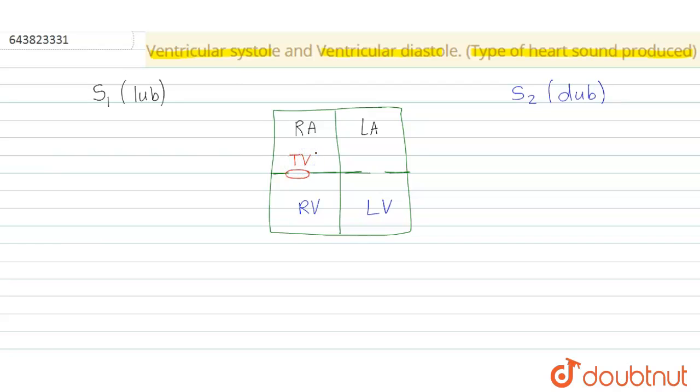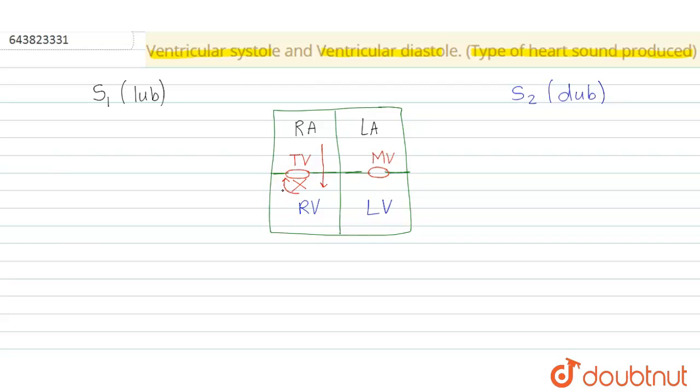Similarly, between the left atrium and the left ventricle, we have the bicuspid valve, also known as the mitral valve, which I'll write as MV. When blood is moving from the atrium to the ventricle, these gates remain open. But when blood tries to move in reverse, from the ventricle into the atrium, these gates will close.